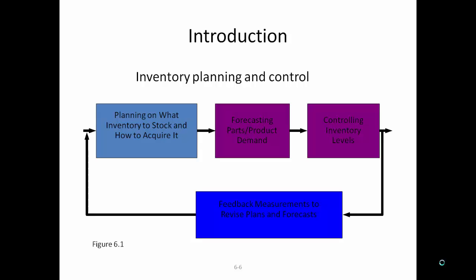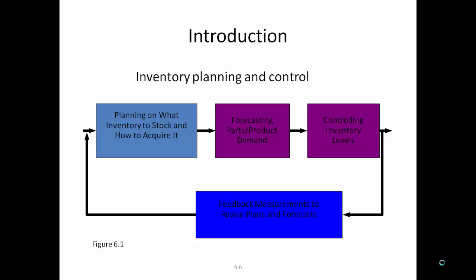So, what is the big picture? Well, this slide depicts the big picture. You have stuff coming in, and you have to plan for how much and how many of that stuff you have coming in, and you have to control for it.